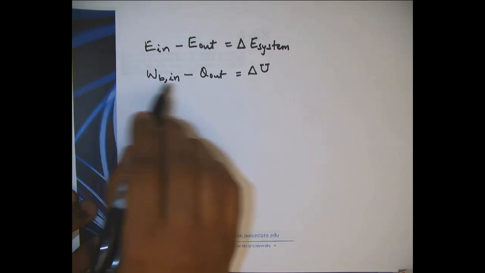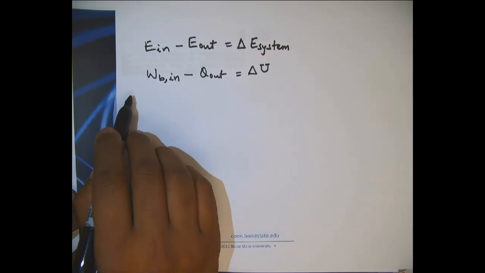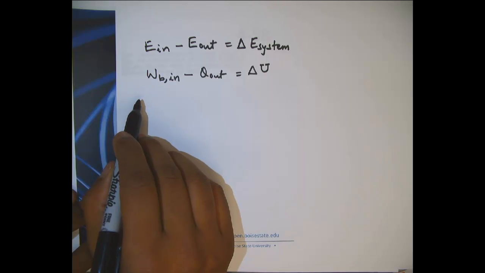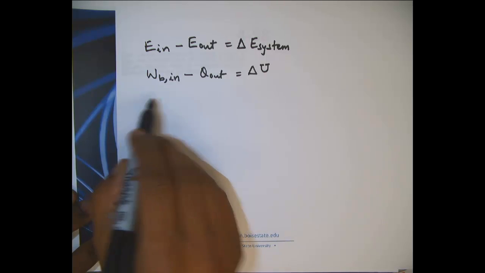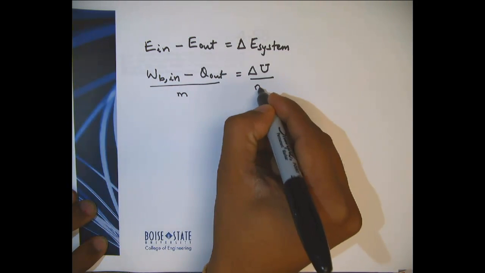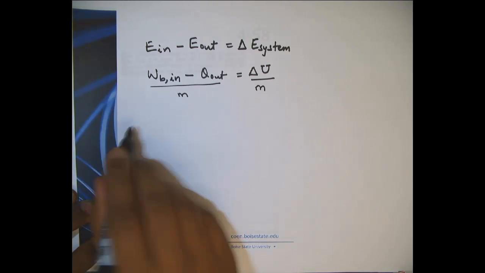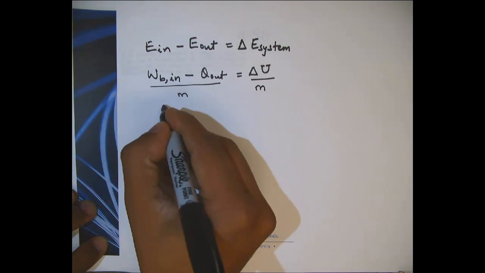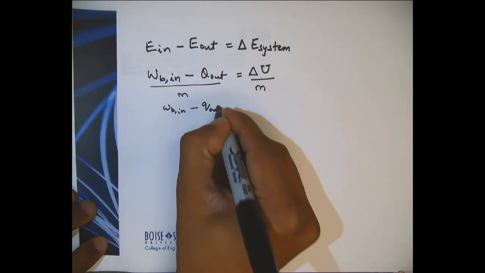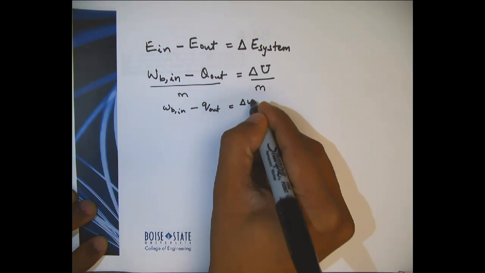Okay, you see that these are capital U's, so those units would be in SI kilojoules, but we want kilojoules per kg, and also we are not given mass in the system. So what I can do is divide by the mass across the left and right hand side, so I can turn these into per unit mass. Okay, so small letters now.